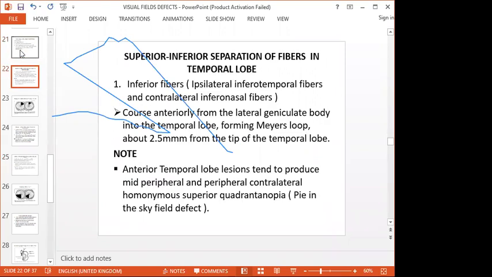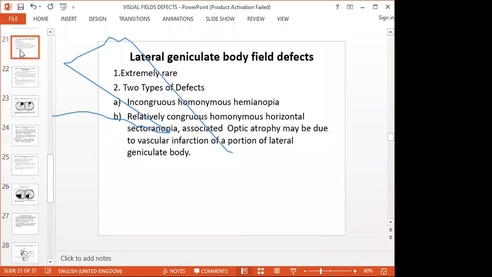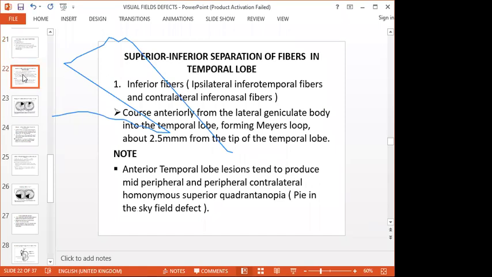Oh, like that, eh? No, here. We are now upper. Superior inferior separation of fibers in the temporal lobe.